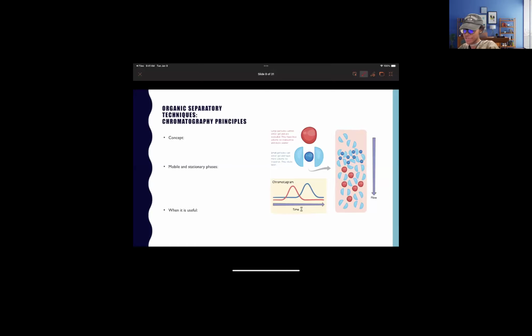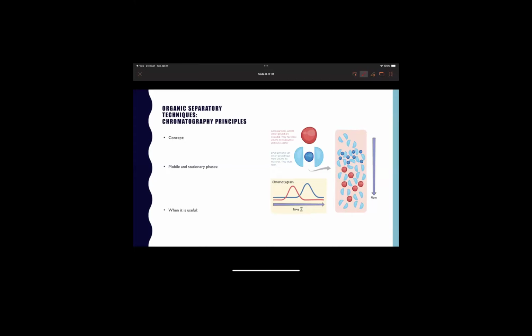So, mobile and stationary phase. Can anyone tell me what they know about the mobile and stationary phases, or do we know anything about mobile and stationary phases? Isn't the mobile phase dependent on the gel used?